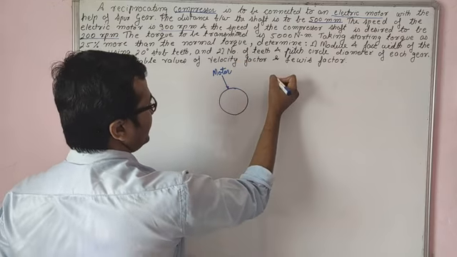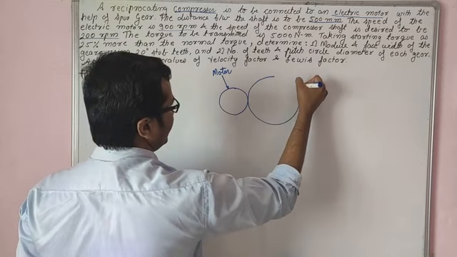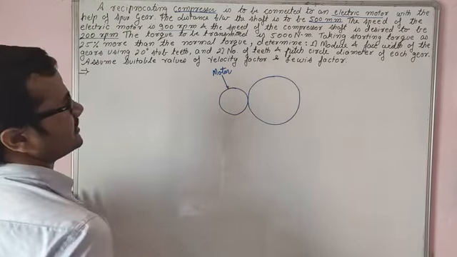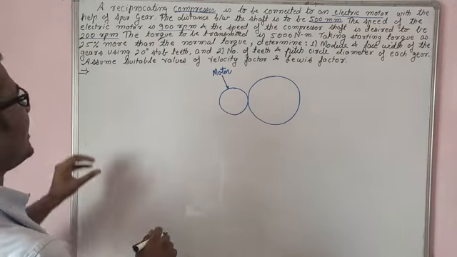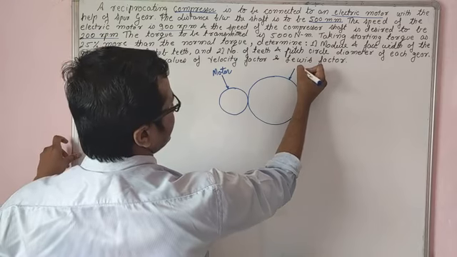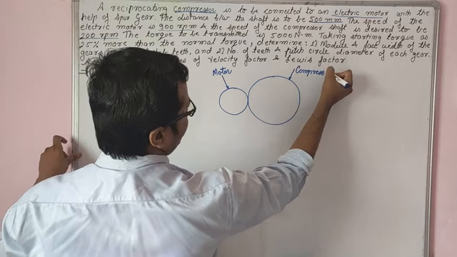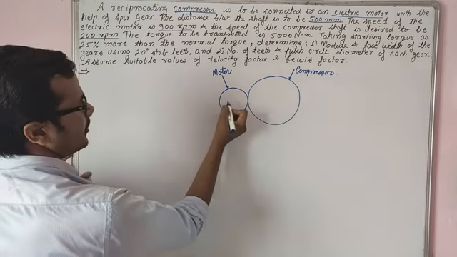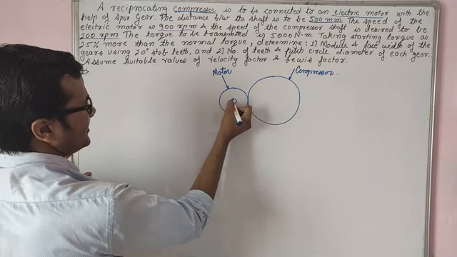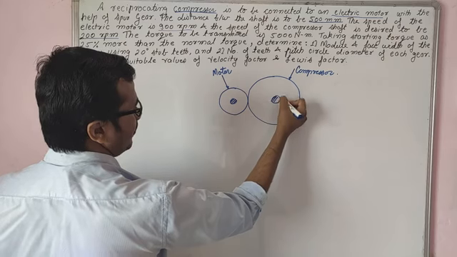Connected to it is the gear mounted on the compressor shaft, which has a speed of 200 rpm. So we have the compressor. Now this may be the shaft of the electric motor and the shaft of the compressor.